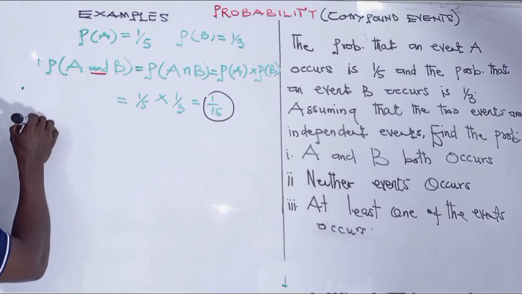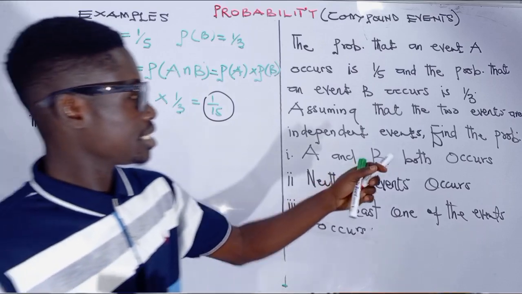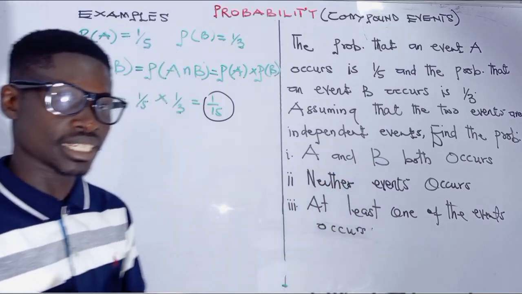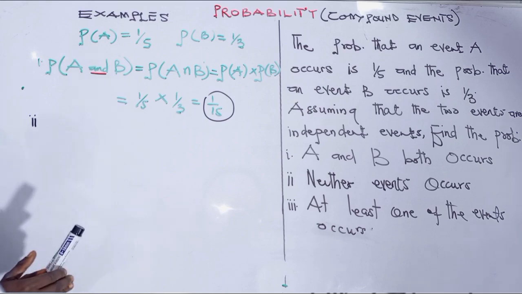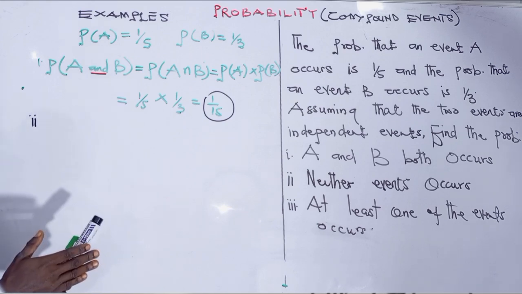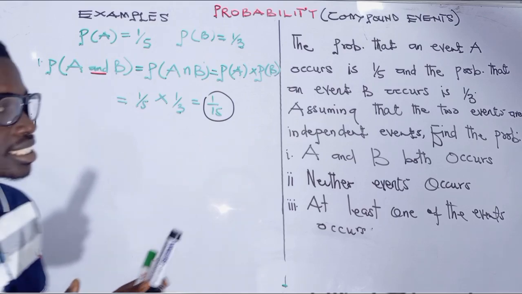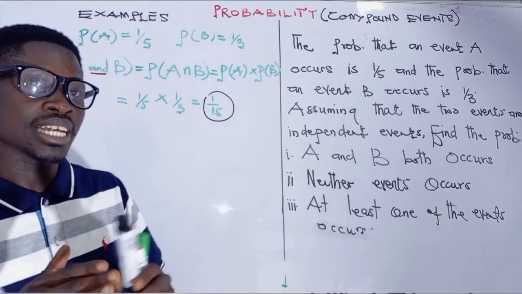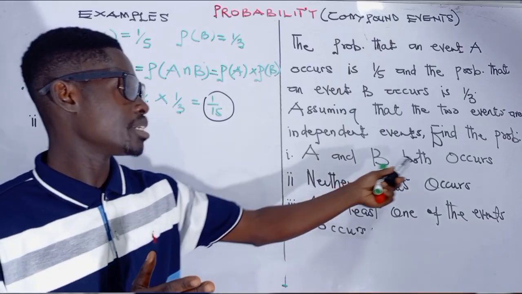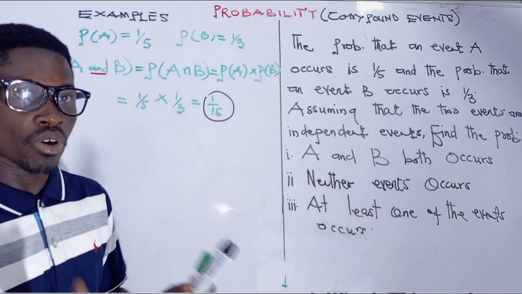Let's look at the second one. The probability that neither event occurs. So this is how it is going to be. The probability that event A does not occur, and the probability that event B does not occur, and that is going to give us the probability that neither event occurs, or none of the events occurs.